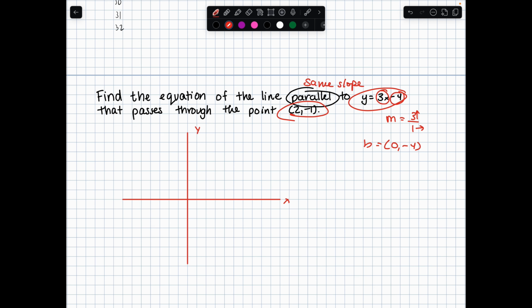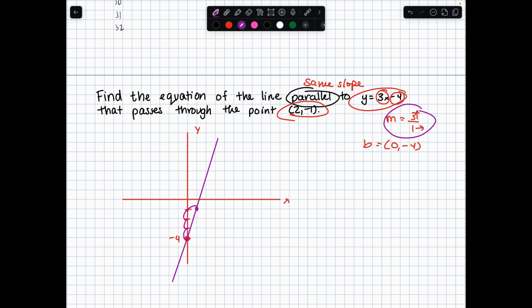That's my b. So (0, -4) is right here. I'm going to start here. Slope says I go up 3, 1, 2, 3, and then to the right 1. And then I'm going to go ahead and draw my line.